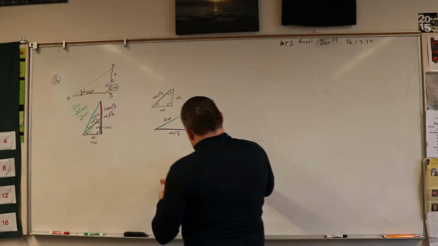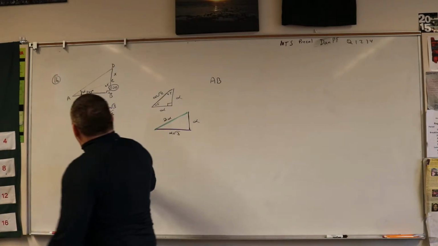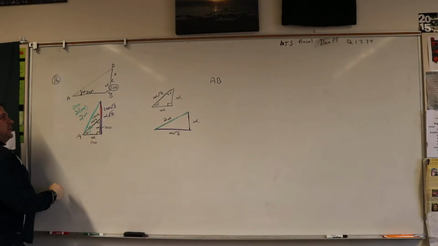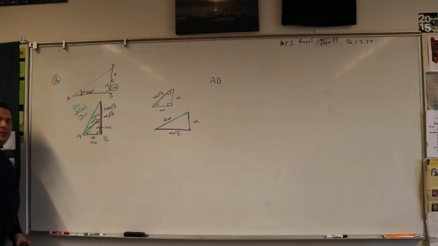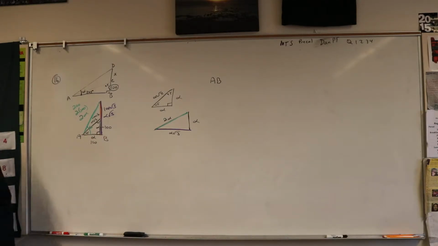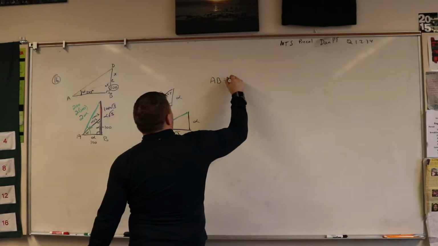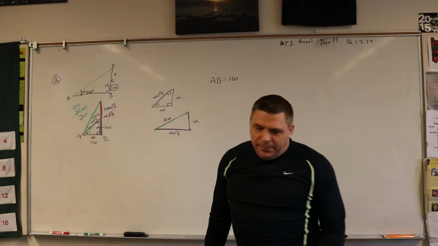So we want to look at what the question asks. And the question asks us AB. So they want to know what AB is. And so we know A is here. And we know B is here. So AB has to be 100. Okay, so that one was easy. Okay?